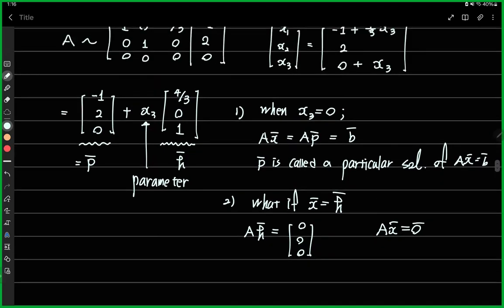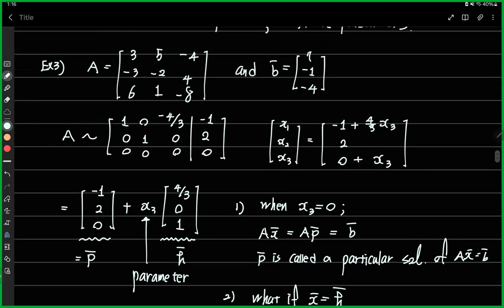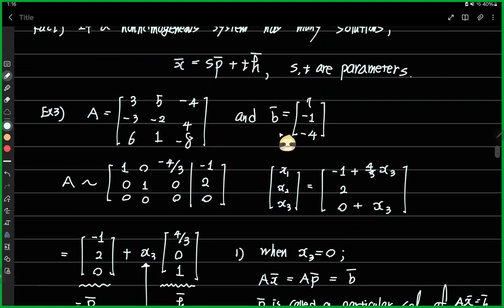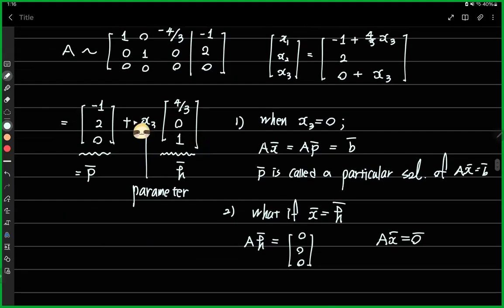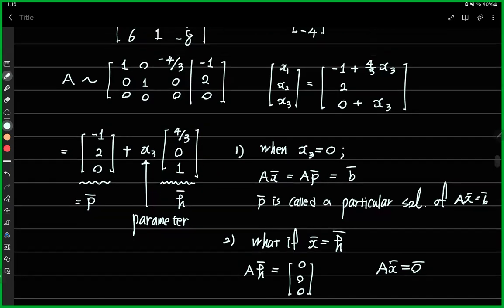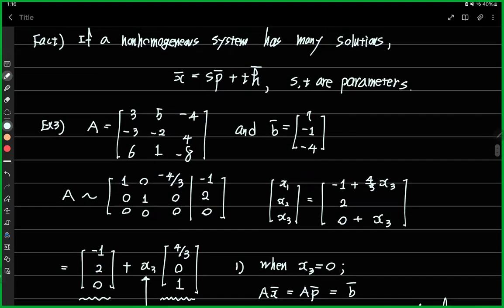Why did we get this? Because we didn't solve the homogeneous system, but we solved the non-homogeneous system. But it ended up with a solution involving the solution of the homogeneous system. How? Because here, negative 1, 2, 0 was exactly the same as the vector b after REF, the reduced echelon form.